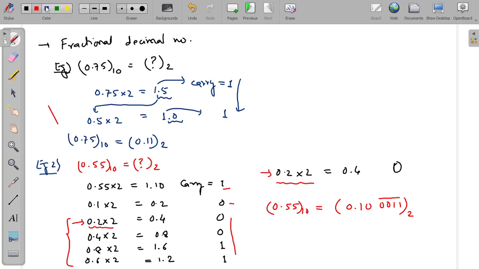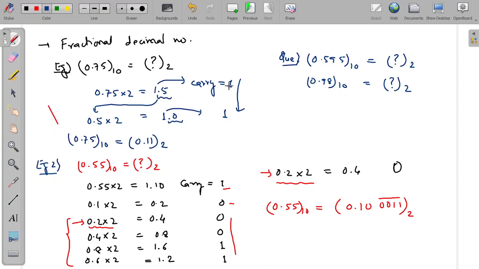Okay, so you can practice some more conversions, like 0.595 in decimal is what in binary, 0.98 in decimal is what in binary.